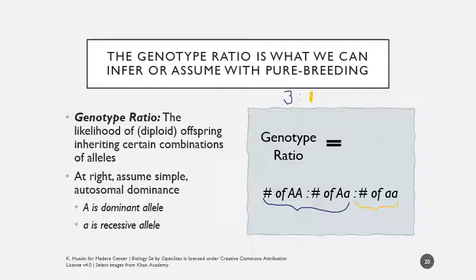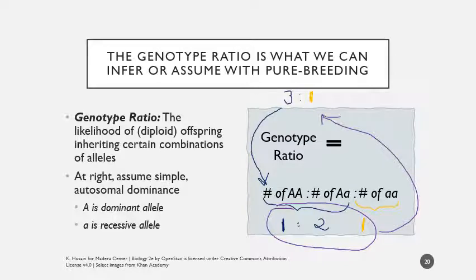So just assume simple dominance for this. Those 3 might be any combination of those genotype ratios. However, if we know we have 1 homozygous dominant, 2 heterozygotes, and 1 homozygous recessive, then we can get that same exact phenotype ratio from our genotype data, because this is going to add up to 3 dominant to 1 recessive.